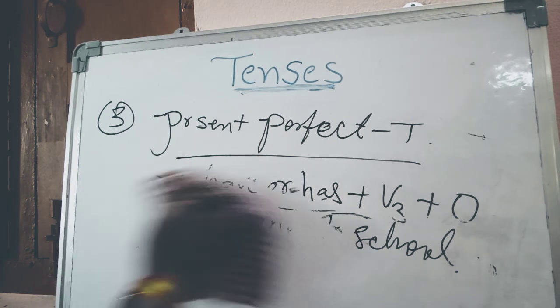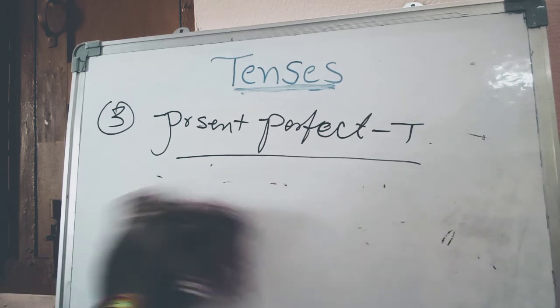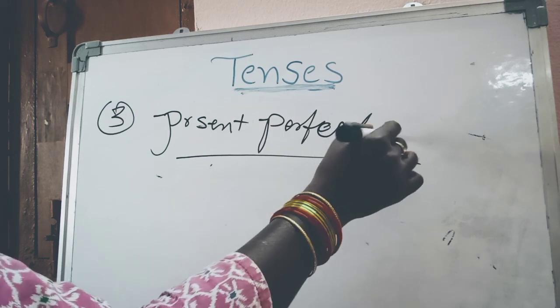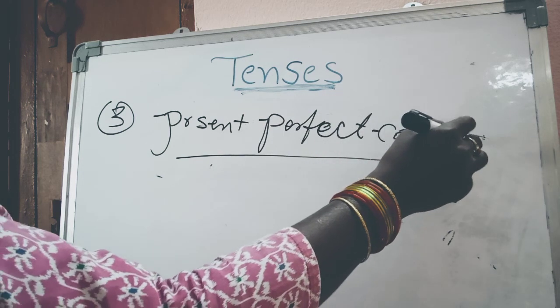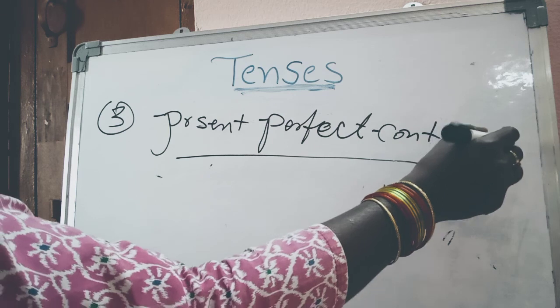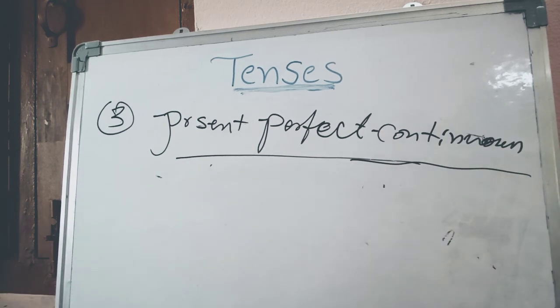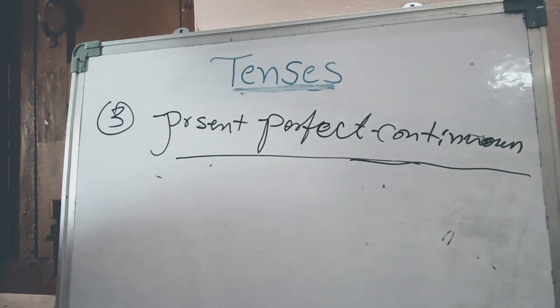Next, present perfect continuous. What is present perfect continuous? What we started already. Now, I have started teaching my grammar at 7 o'clock, and now also I am teaching. What should I say? First, we must know the structure.